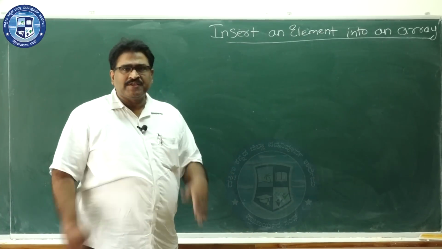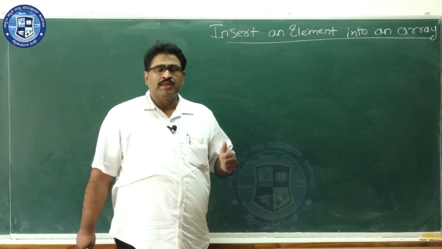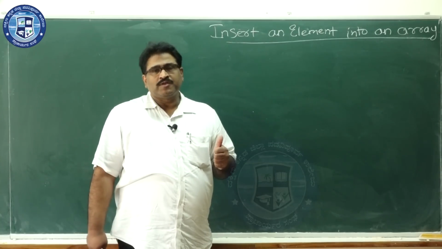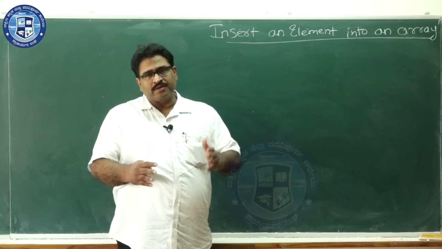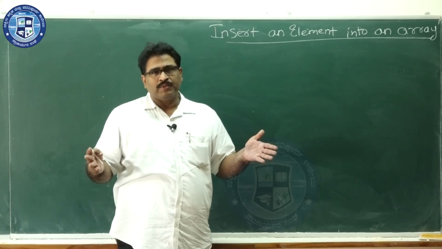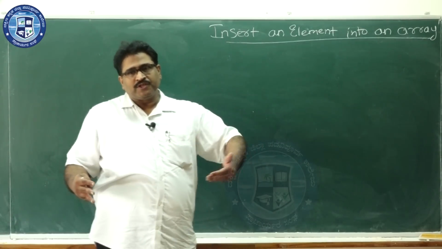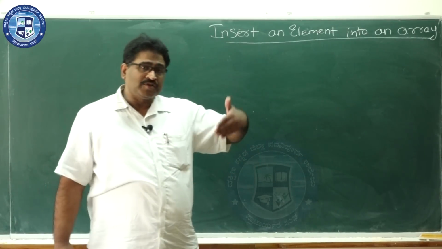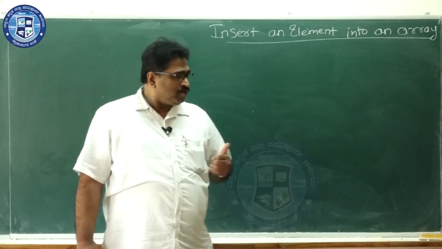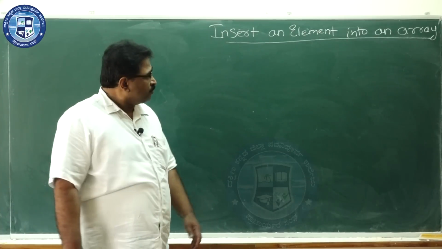So I'll give a fine example. You have a hostel and suddenly you find that there are floors from 0 to 3. That means someone is there in the ground floor, someone is there in the first floor, someone is there in the second floor, someone is there in the third floor, and the fourth floor is vacant, for example.